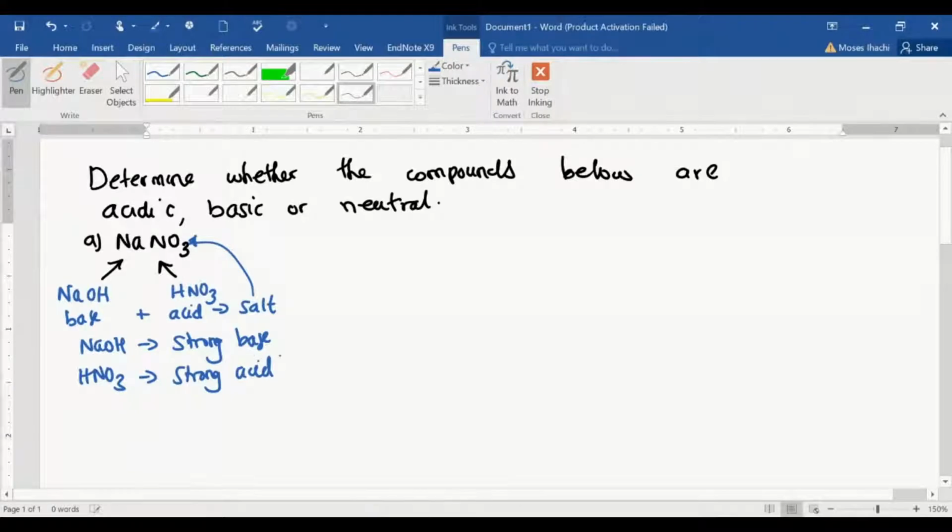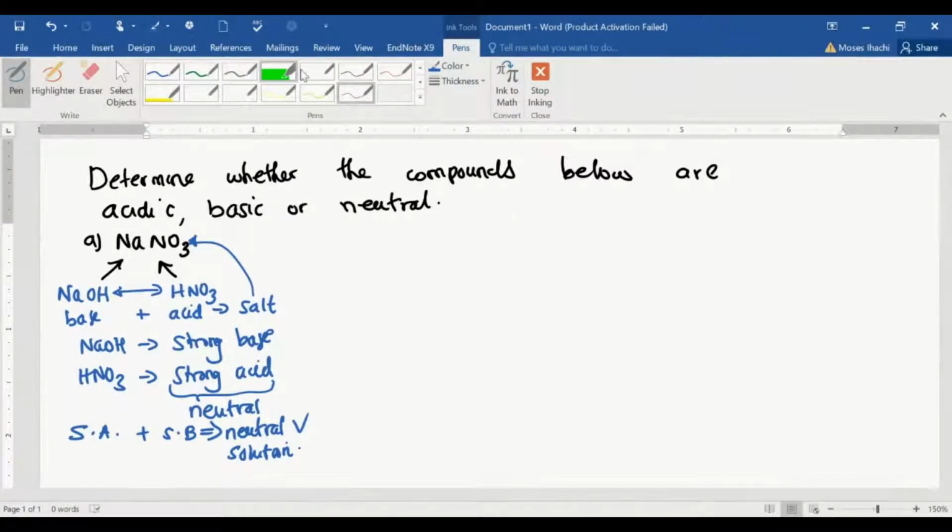If you have equimolar, same molarity, same number of moles of sodium hydroxide and nitric acid, you're going to get sodium nitrate with neither of the two being in excess, and therefore you will expect the solution to be neutral. In other words, when equimolar amounts of strong acid and strong base react, what you get is a neutral solution, if they are indeed equimolar. So sodium nitrate is neutral.